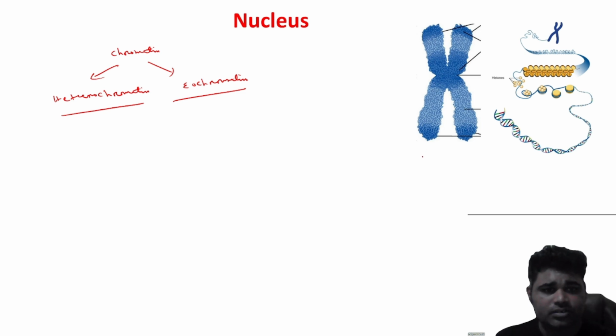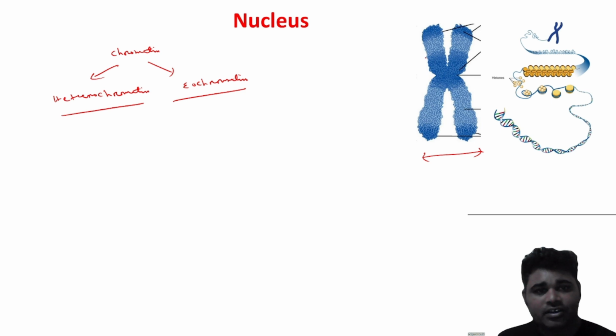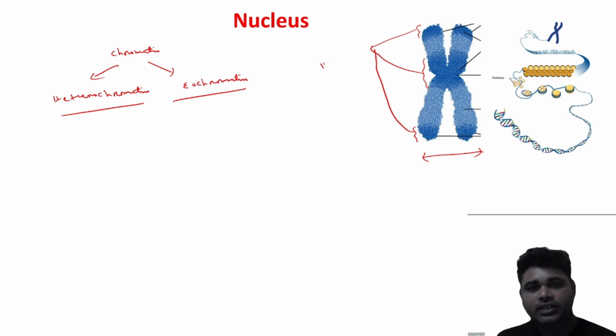Look at the structure of the chromosome. So here this dark color, they are the dark strands, and they are called the heterochromatin.